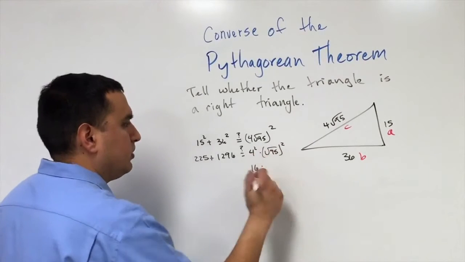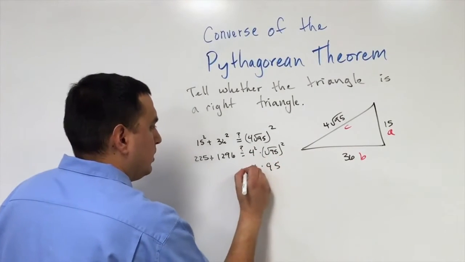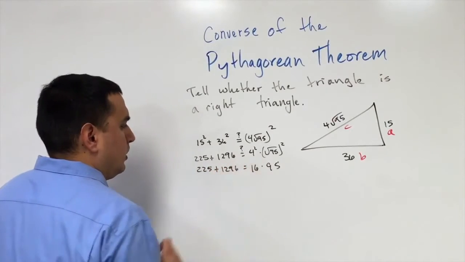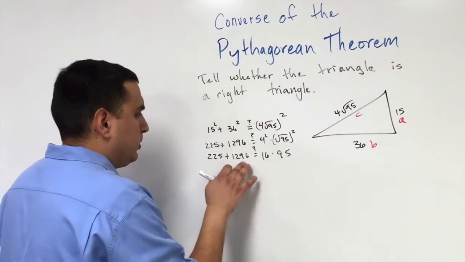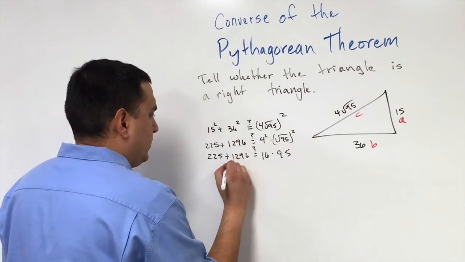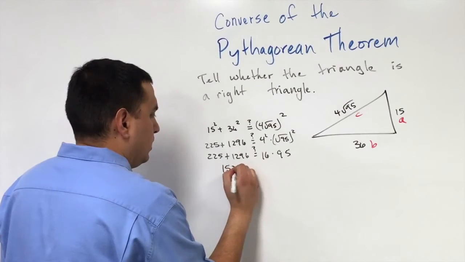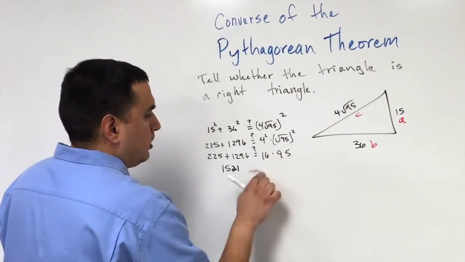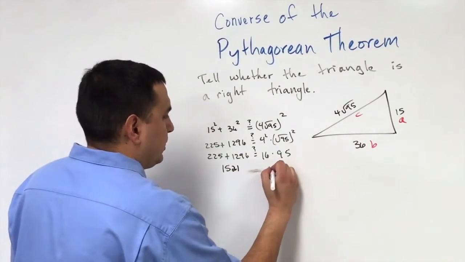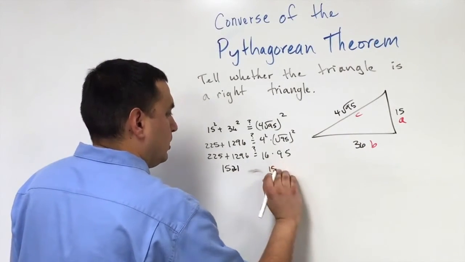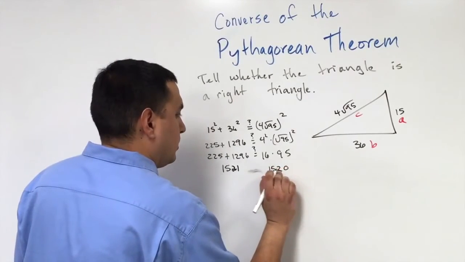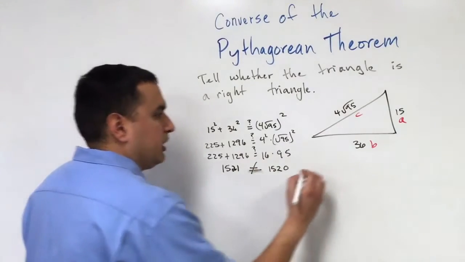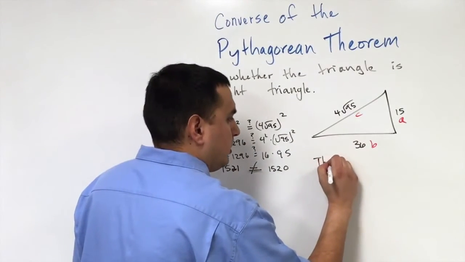Let's remember that they cancel, so that's just 95. 225 plus 1296 comes out to be 1521, and 16 times 95 comes out to be 1520. So they are not equal, which means that this is not a right triangle.